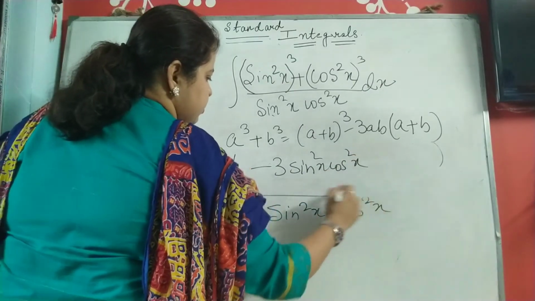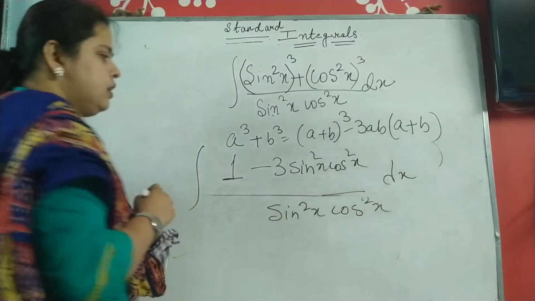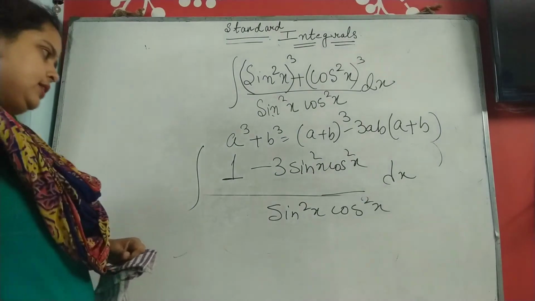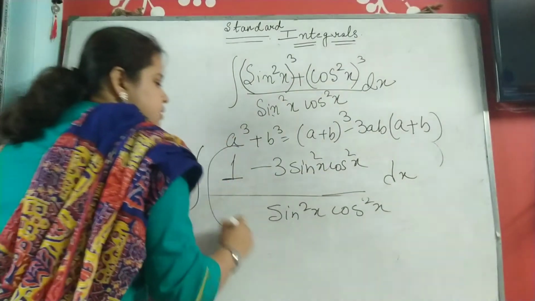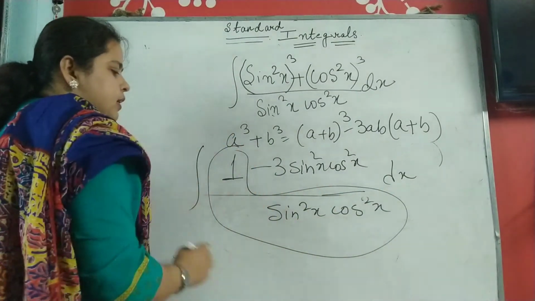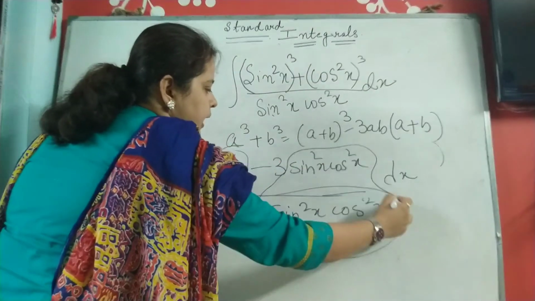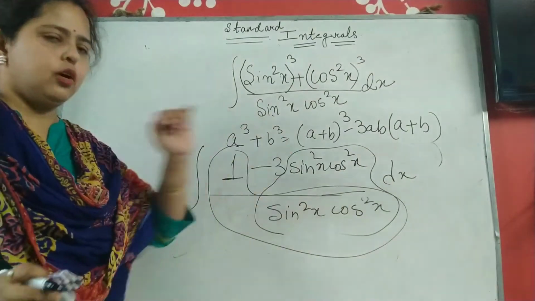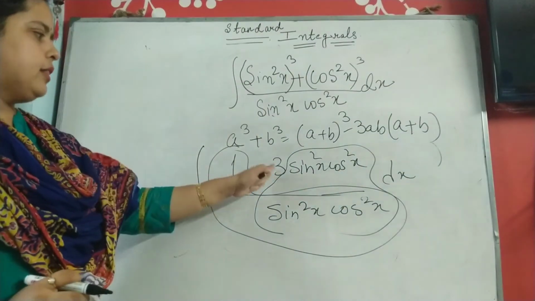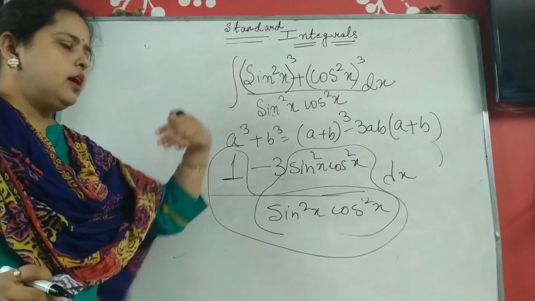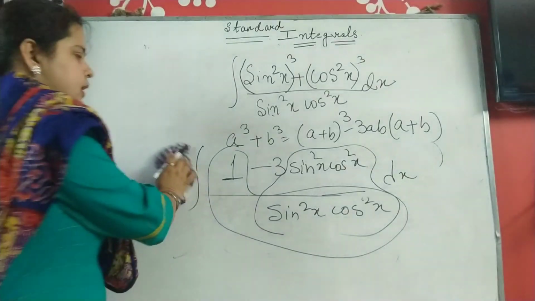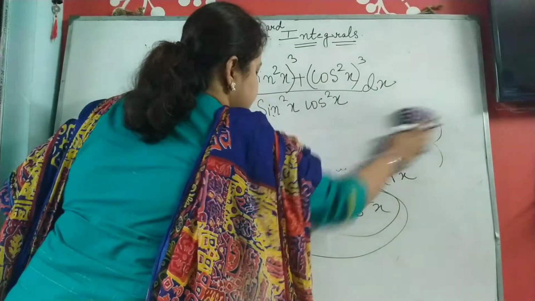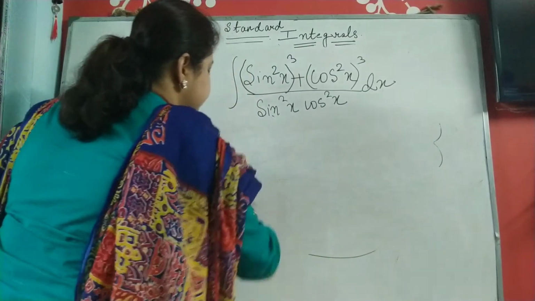Now I am going to separate the numerator. So please look very carefully children. Separating the numerator like this. Okay, so 1 by sine square x cos square x is one part, and 3, this will cancel, and the other part. So let us erase the entire thing, and I am going to rewrite.